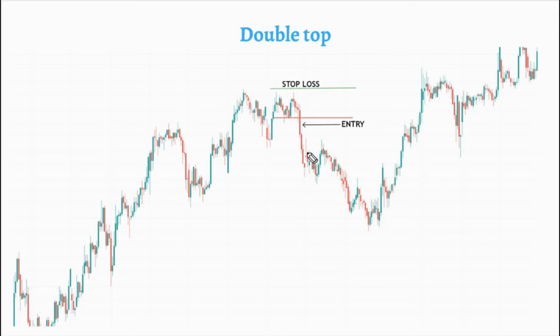So it is now confirmed that prices could move towards the downside after forming a double top, and also by analyzing the price behavior. So we will enter short here with stop loss just below this swing high and see the huge downside momentum after that. Okay, so now let's look at another example.